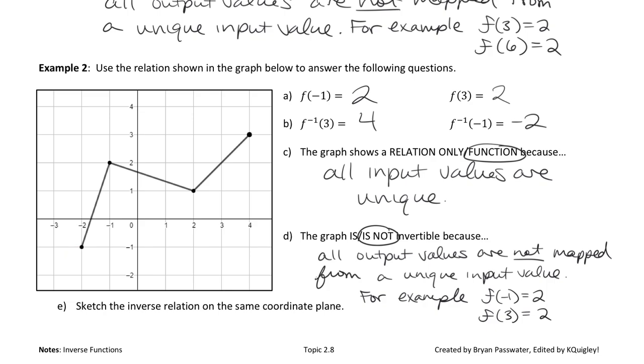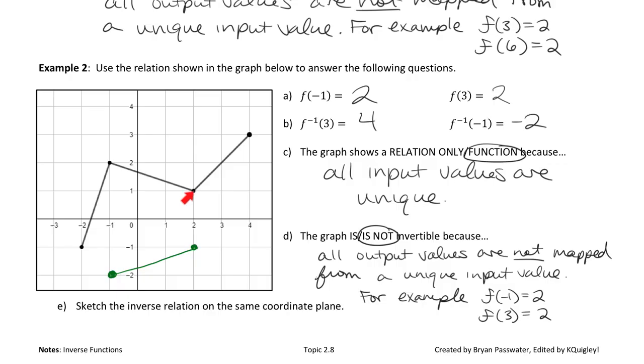But if we reverse those, and we go to negative 1, comma, negative 2, that's the inverse coordinate point. We switch the x's and y's. What's this coordinate point right here? Negative 1, 2. So if we switch it, where will we plot the point? 2, negative 1.